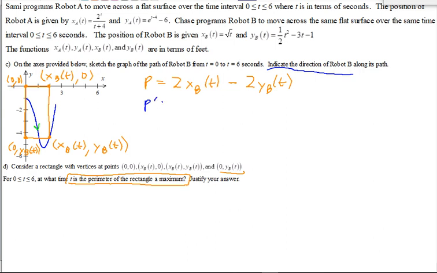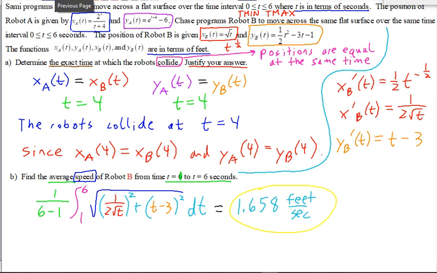So when you want the derivative, p sub prime of t, it would be 2 x sub b prime of t minus 2 y sub b prime of t. And normally you'd have to find these, except for the fact that we already did find them. Remember when we were doing part B to find the average speed.